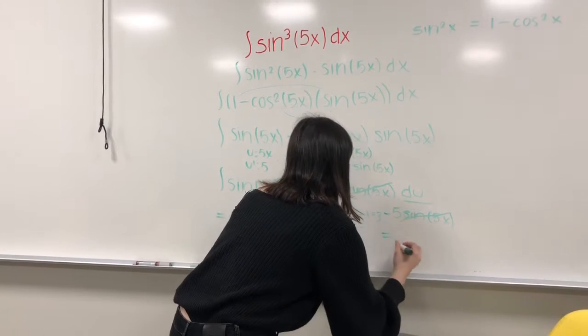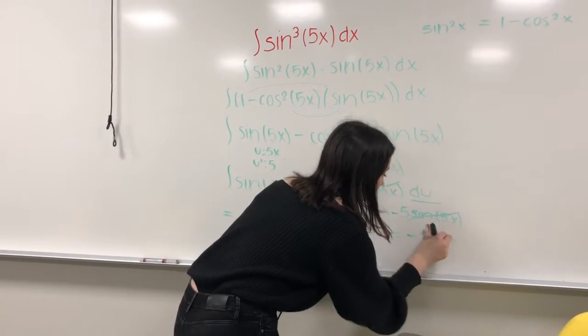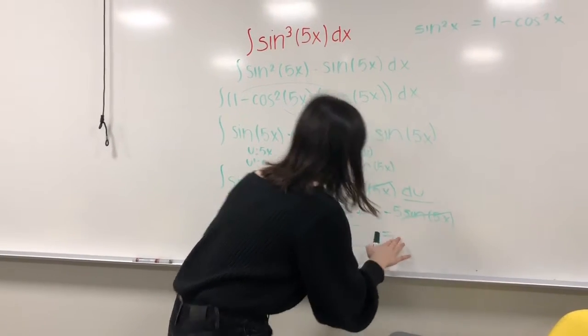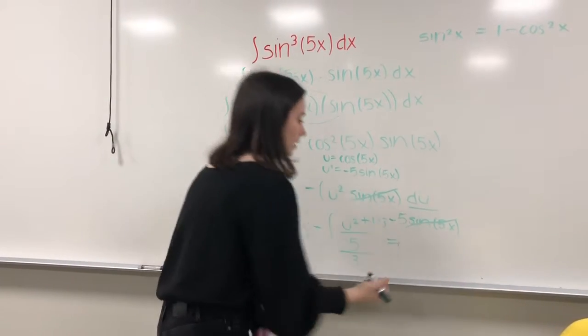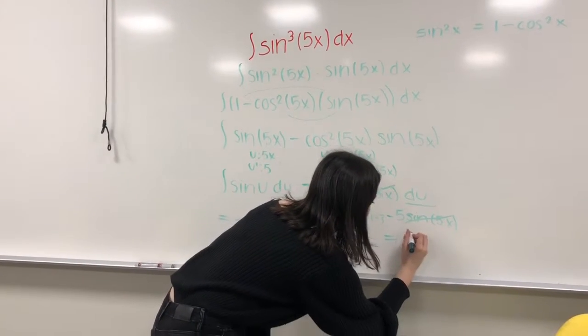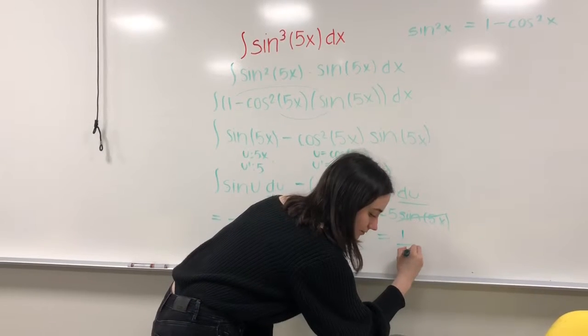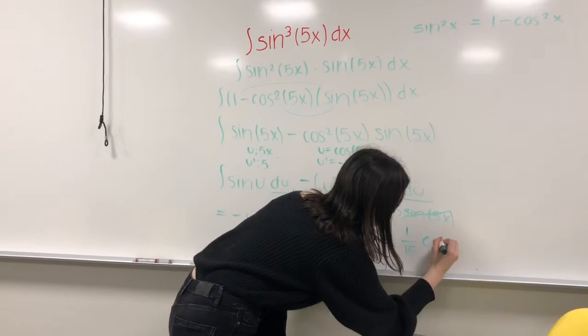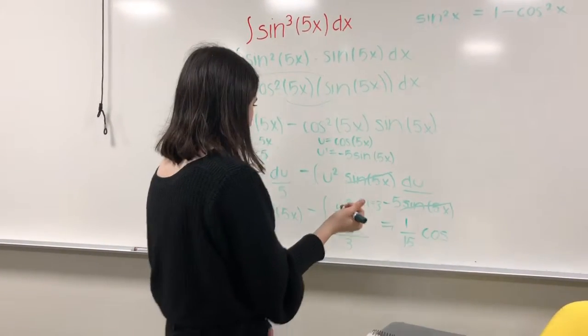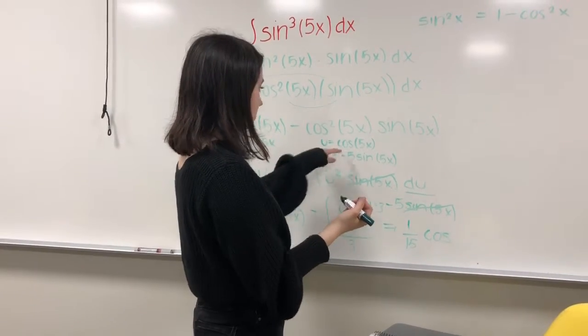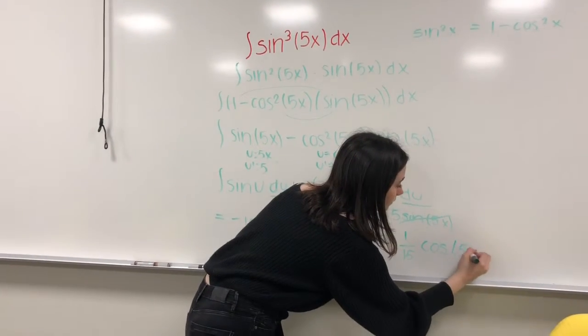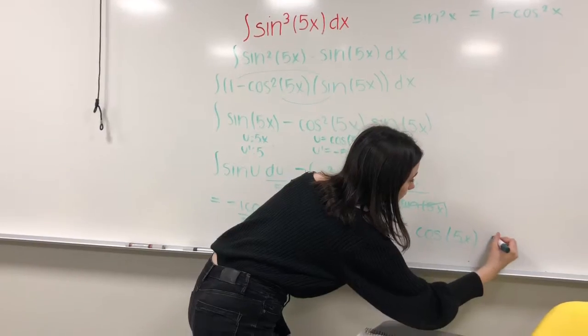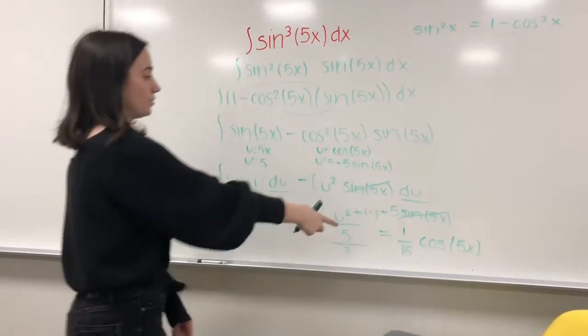And we are left with positive, because we cancel the negative, it's positive. Positive 1 over 15 cos, where u is cos 5x, and that is the answer of the second part.